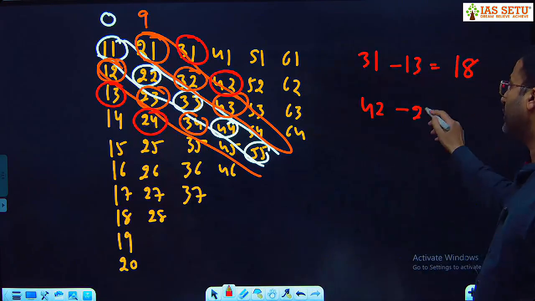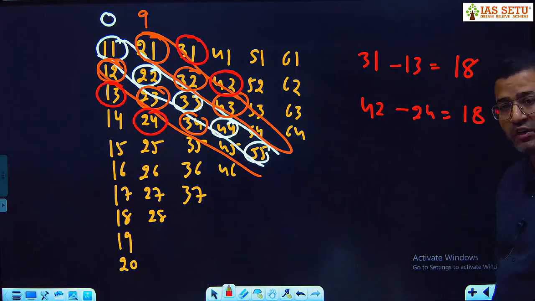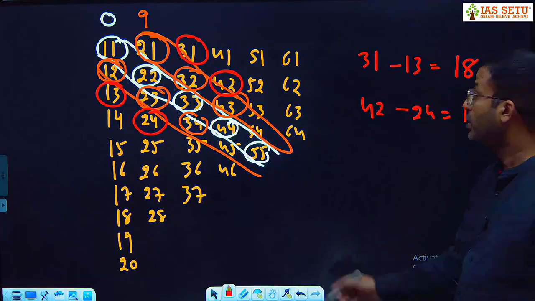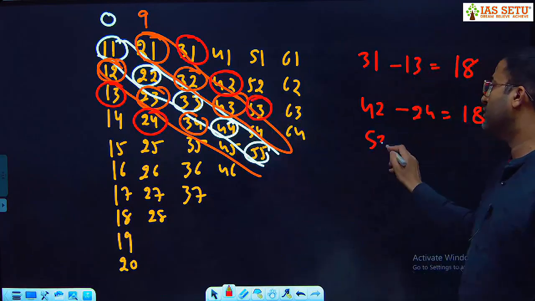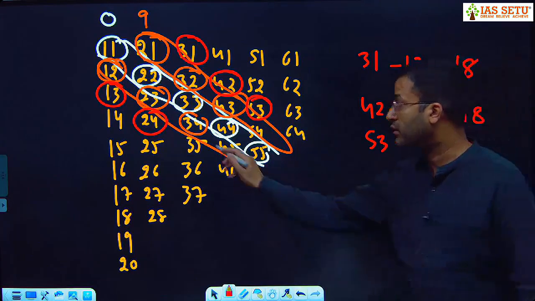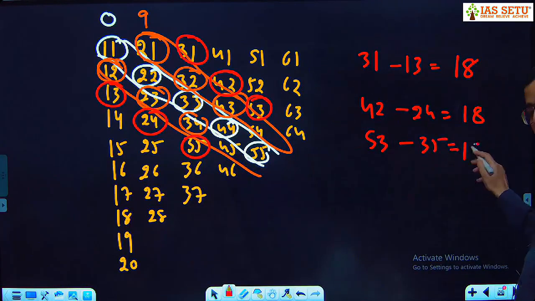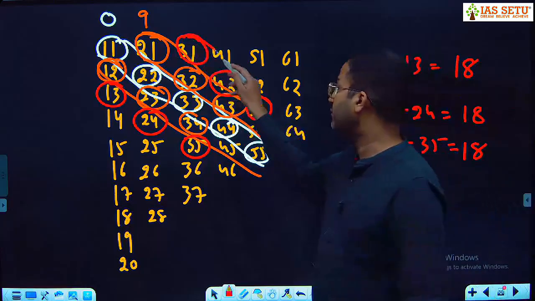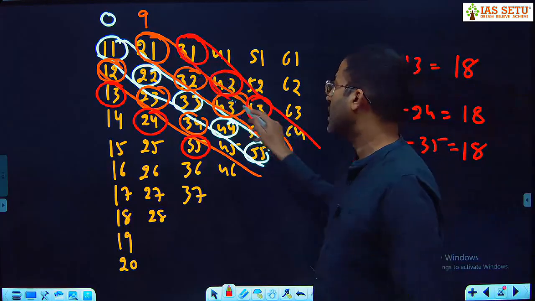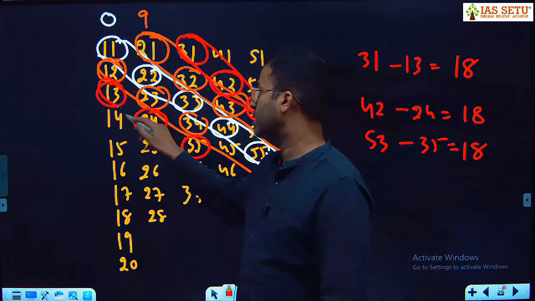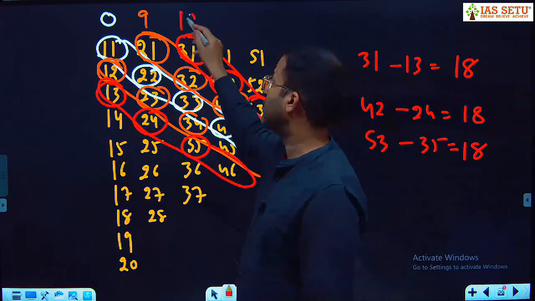And if you subtract from the original number, is your difference coming 18? Yes or no? Check 53. If you reverse 53, what do you get? 35. And what is 53 minus 35? 18. So you take any value along this diagonal and you reverse the order of the digits, you get a value here and the difference is coming 18.